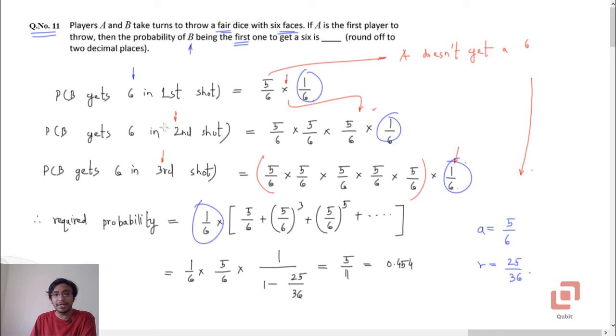Okay, if you simplify it and use the formula for S infinity of a GP, which is A upon 1 minus R, you will get 5 upon 11 or 0.454. Round off to 2 decimal places, so you should write 0.45.